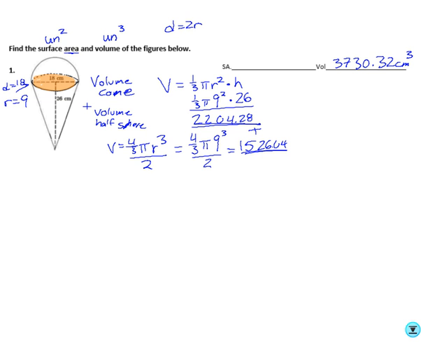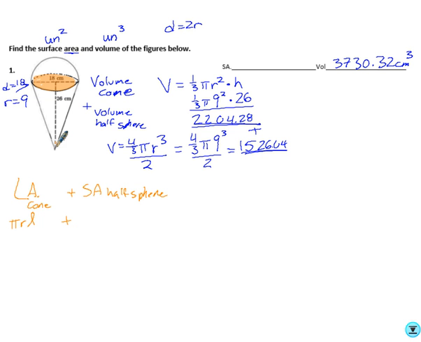So let's pick a different color. I'm going to say lateral area of the cone plus the surface area of the half sphere. I like to write them out because I'm visual and I like to see, okay, here are my pieces that I'm doing. The lateral area formula for a cone is pi r L. L, that cursive L, stands for the slant height.